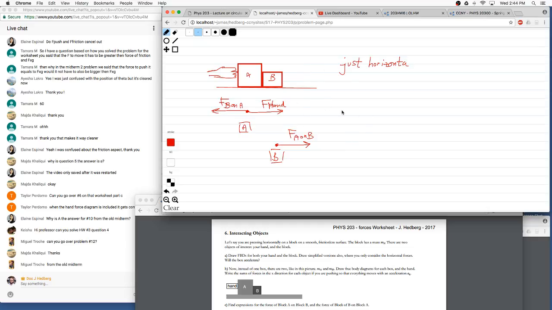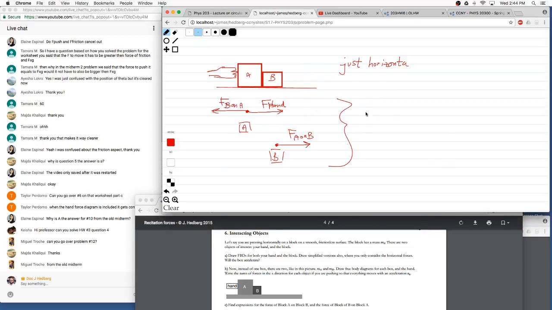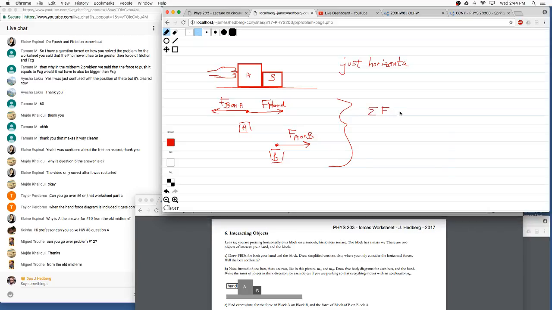Okay, and then all I really wanted to do in part C was to convert these to sums of forces expressions.